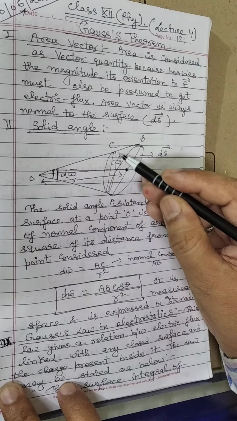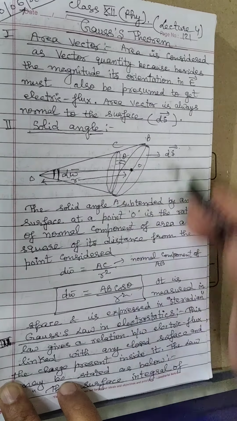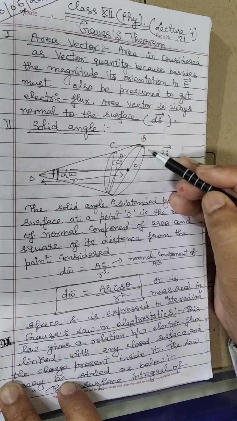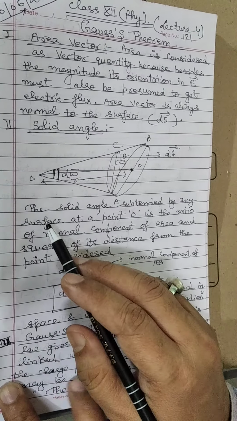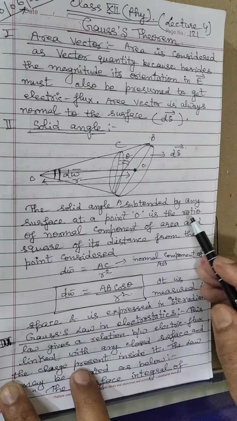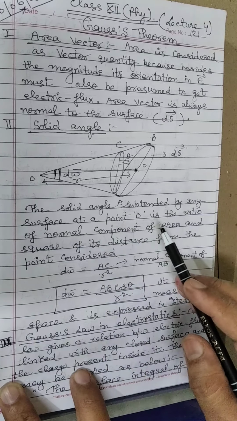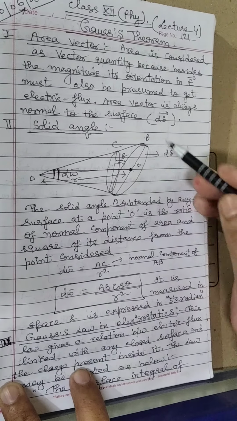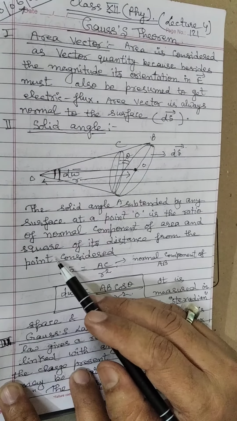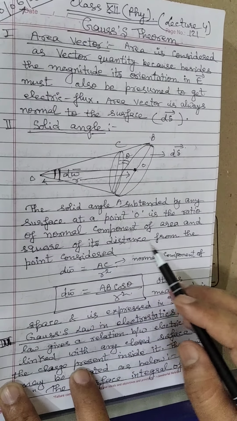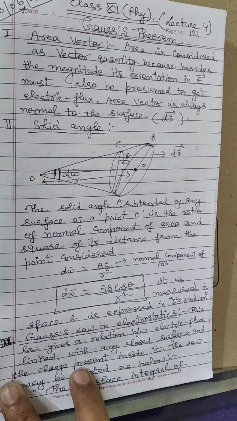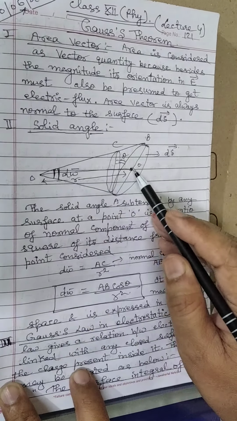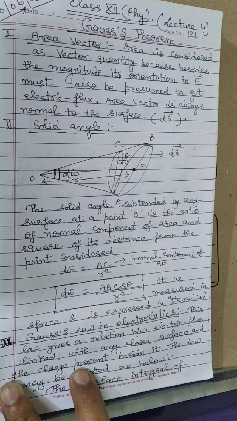And AC is the normal component of AB, this ds. So the solid angle subtended by any surface at a point O is the ratio of the normal component of AB to the square of its distance from the point considered. The distance from this point to this point we have taken as r.